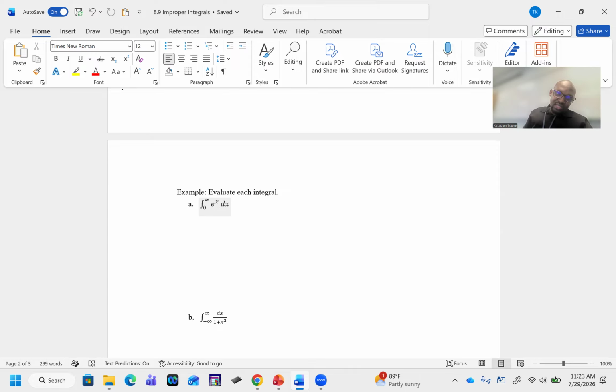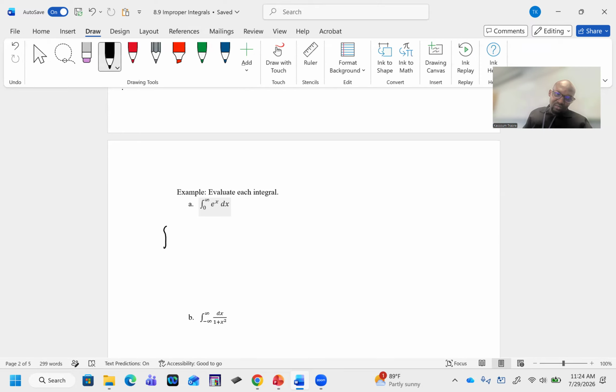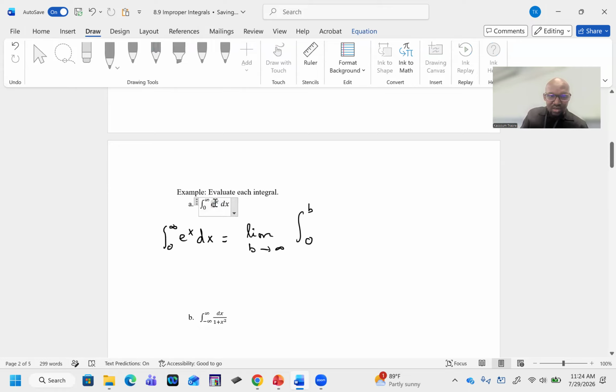To find the integral from 0 to infinity, it will be equal to the limit as b approaches infinity of the integral from 0 to b. Sorry, this is e to the power of negative x, okay? That's what I mean, e to the power of negative x.